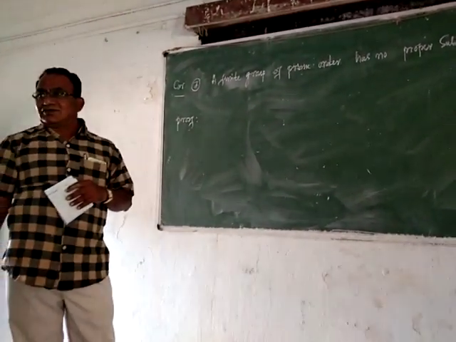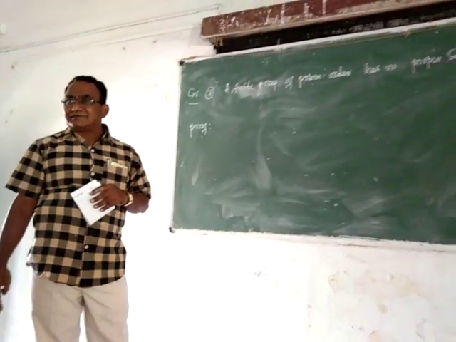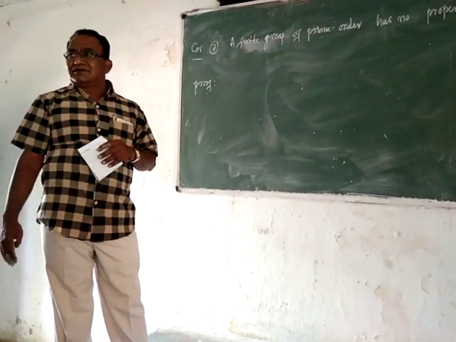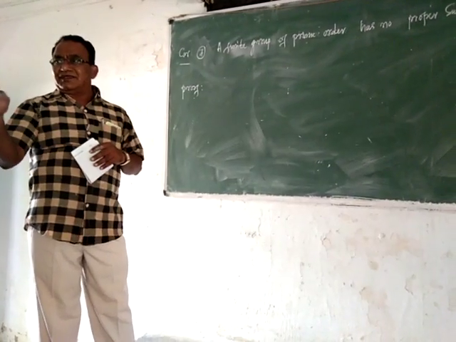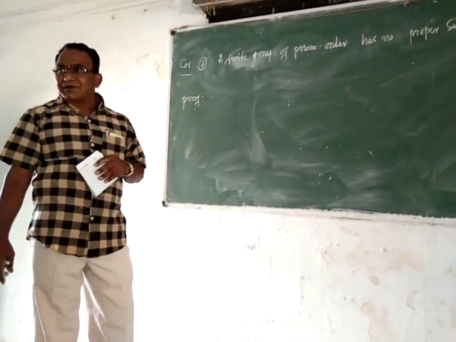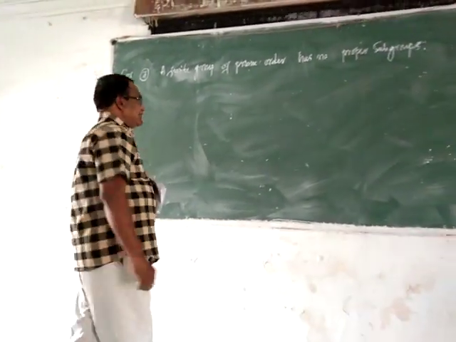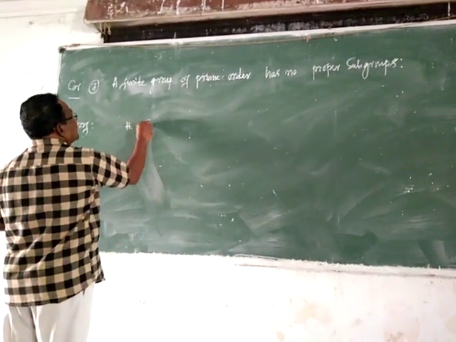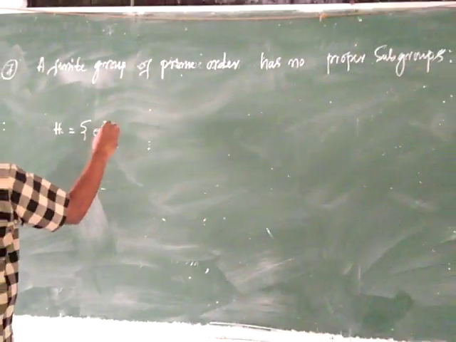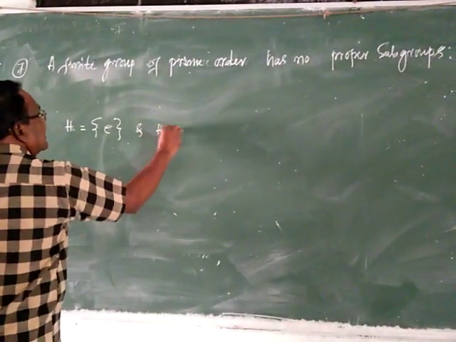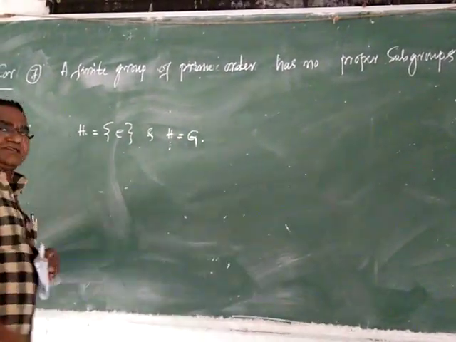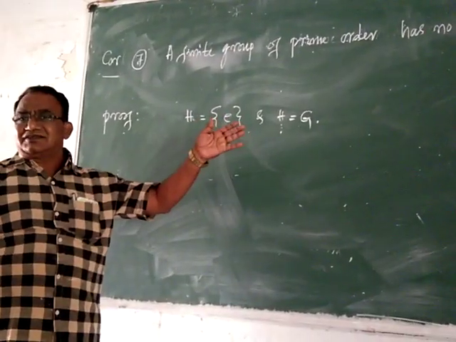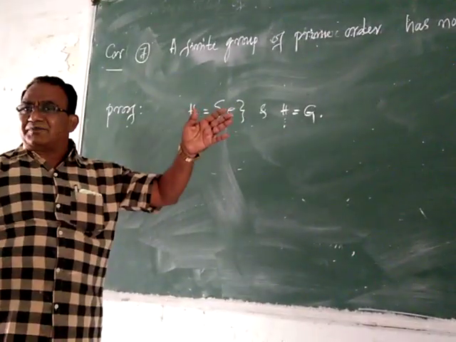The subgroup consisting of the identity element, H equal to singleton E, and H equal to the group itself, these two are called improper subgroups.